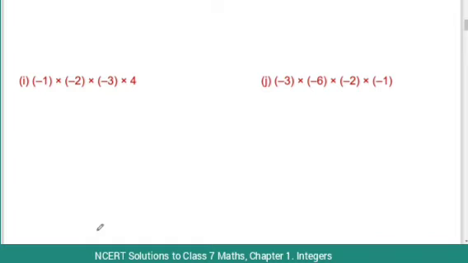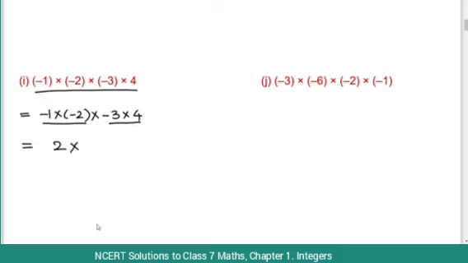I, minus 1 into minus 2 into minus 3 into minus 4. Minus minus get cancelled. Here 3 4s are 12. 2 into 12 is 24.